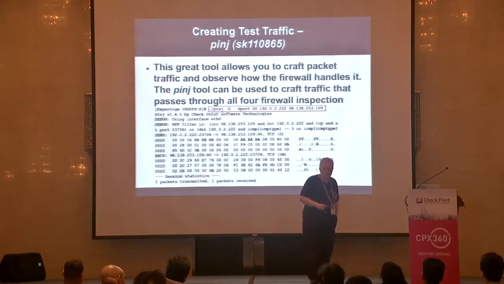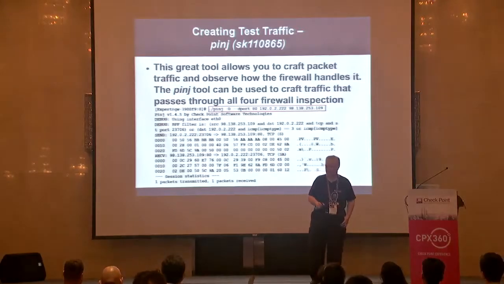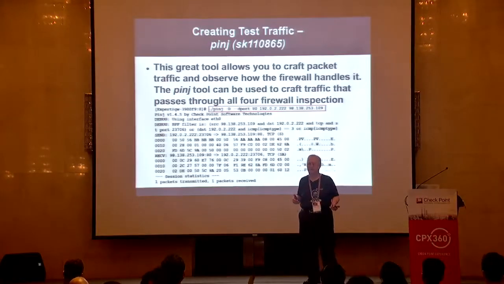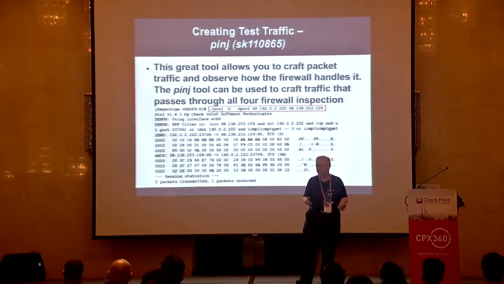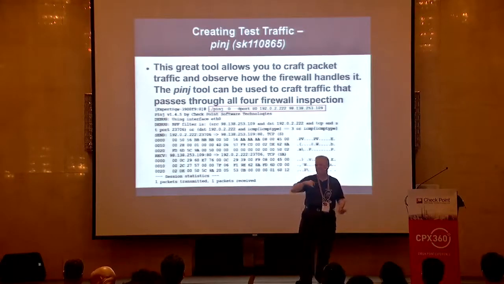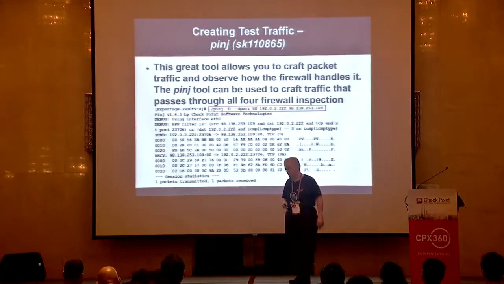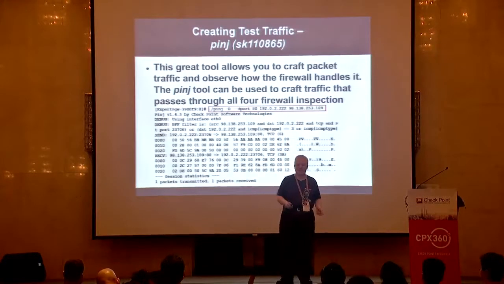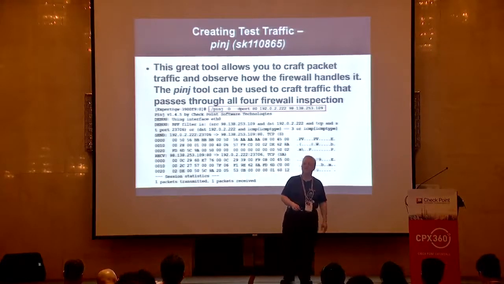Now something else that's also useful that I think you need to be able to do sometimes is, I've got this security policy I've created, right? And I want to know if I see a packet, what's going to happen to it. Now there's some things you can do in SmartConsole to search, right? That's one thing. But to see what actually happens, it would be better if you could just craft some traffic, right?